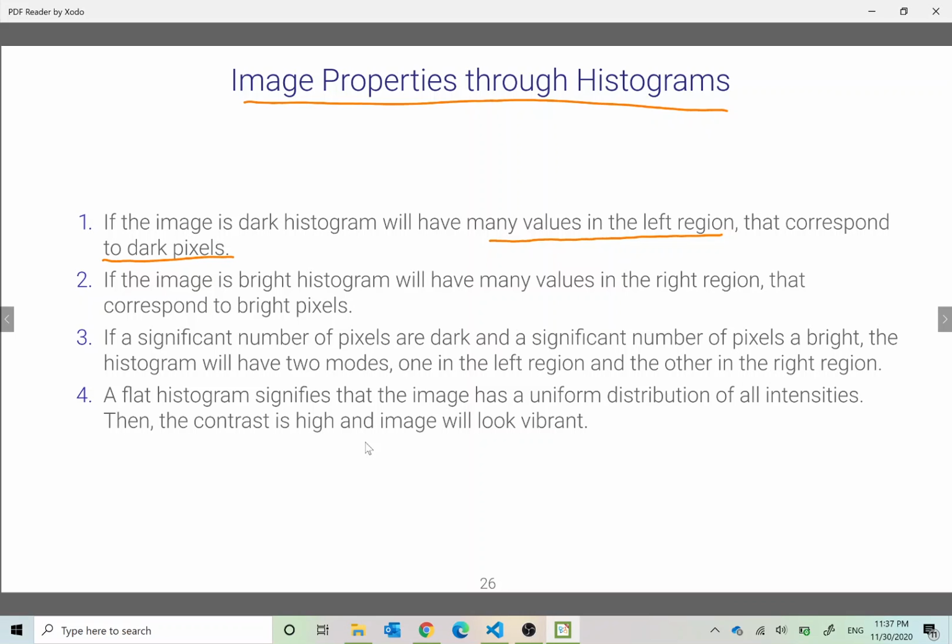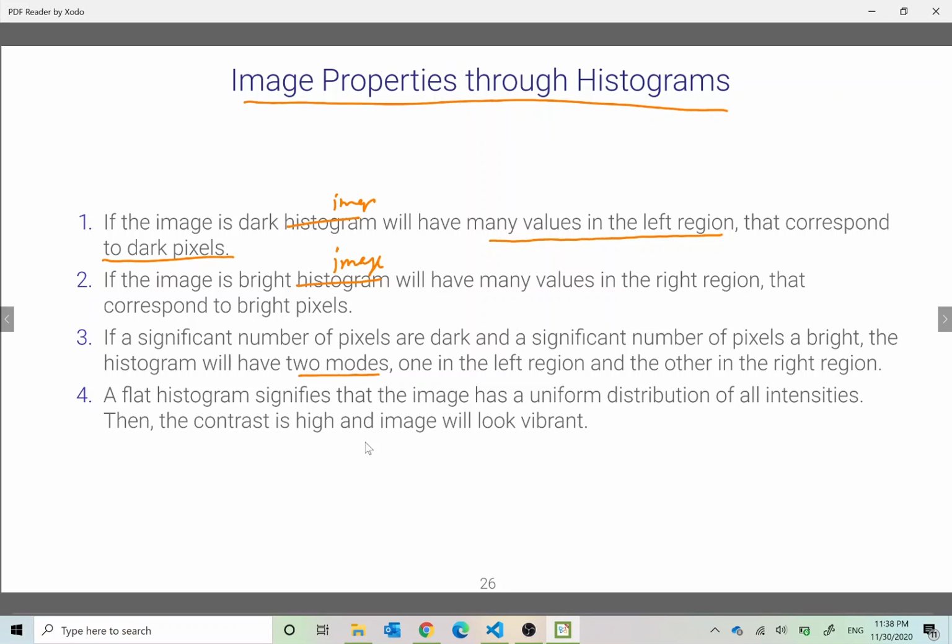If the image is a bright image, the histogram will have many values in the right region that correspond to bright pixels. If a significant number of pixels are dark and a significant number of pixels are bright, the histogram will have two modes, one for the left region and one for the right region.